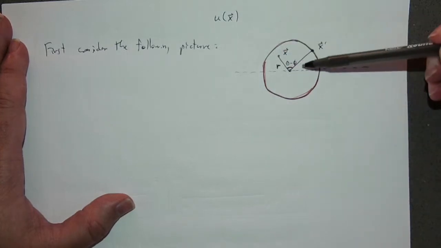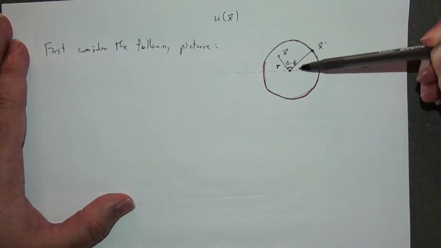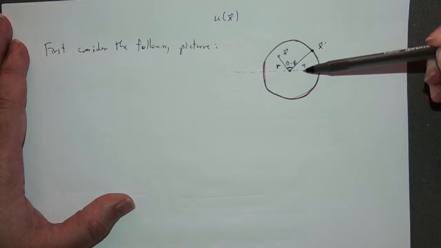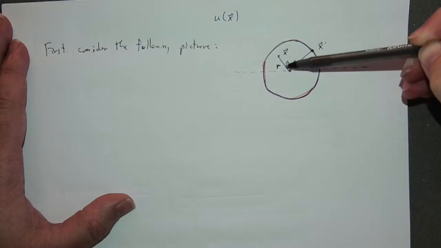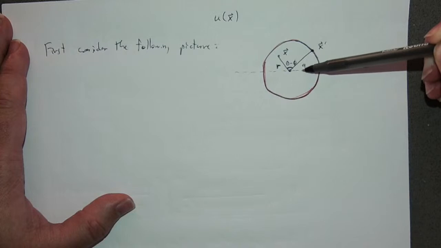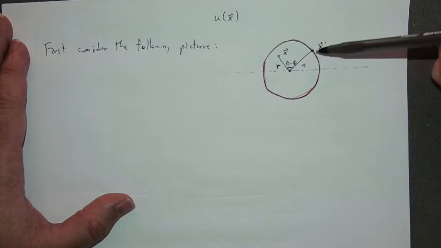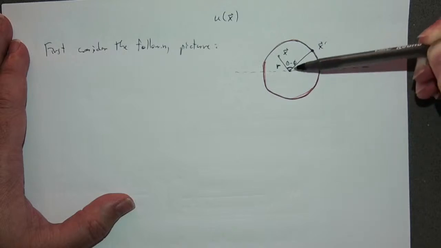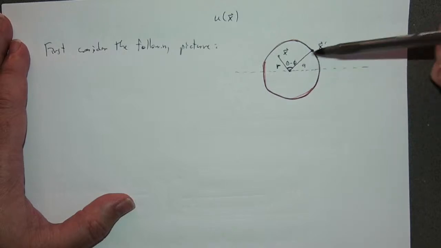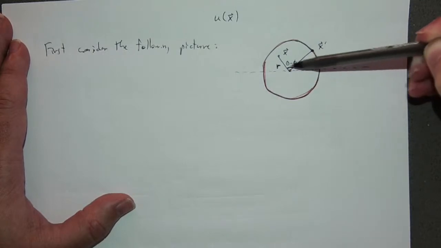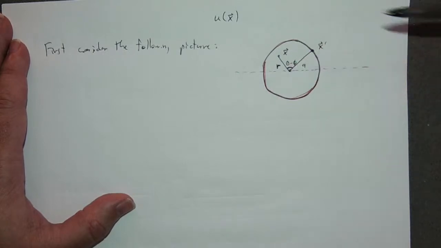This theta is typically measured from the positive x-axis, so we'll say that this whole angle from the positive x-axis to x is theta. The angle from the positive x-axis to x prime, or this radius drawn from the center to x prime, is phi. So then this angle between these would be theta minus phi.